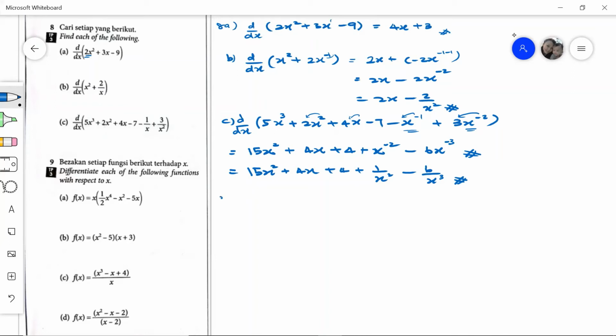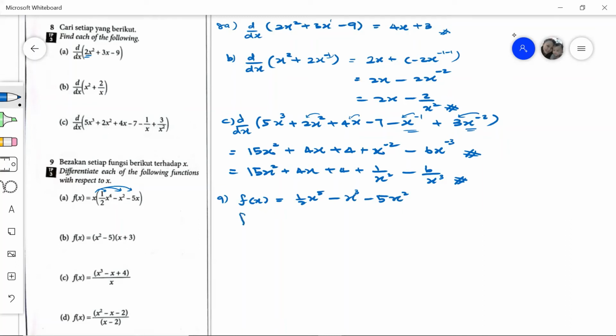Let's look at question number 9. Now, to differentiate this, we have to make sure that we simplify whenever we can. So we multiply the x in. Therefore, f(x) equals half x to the power of 5 minus x cubed and then minus 5x squared.